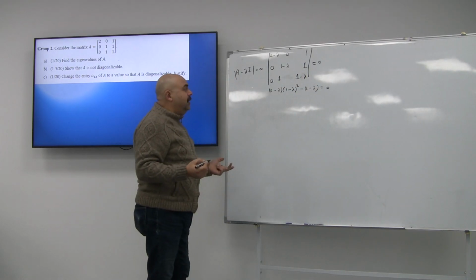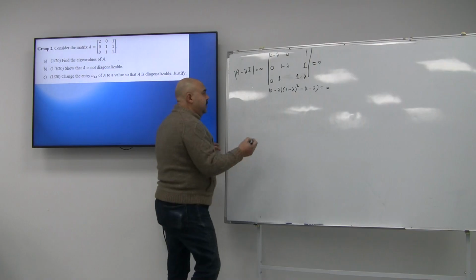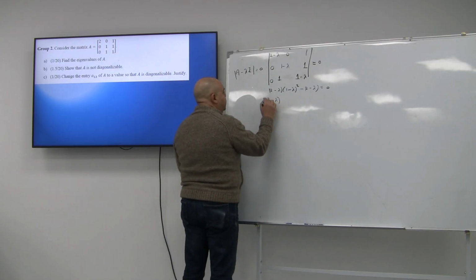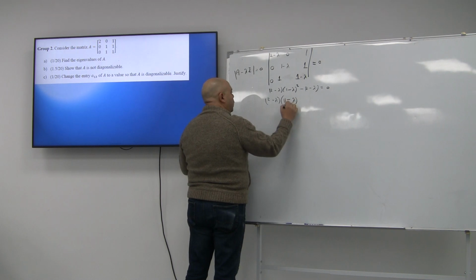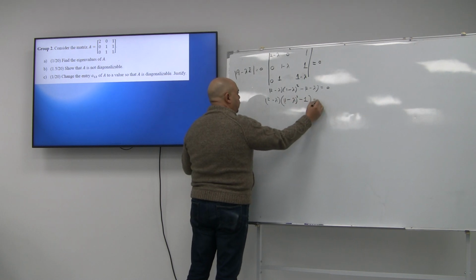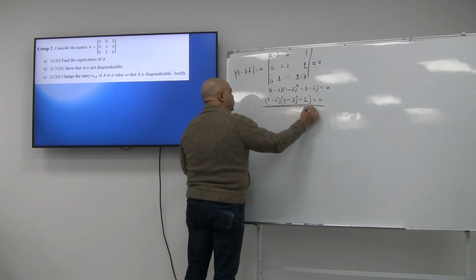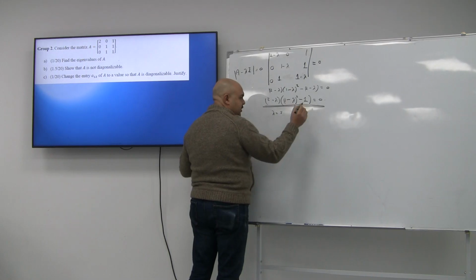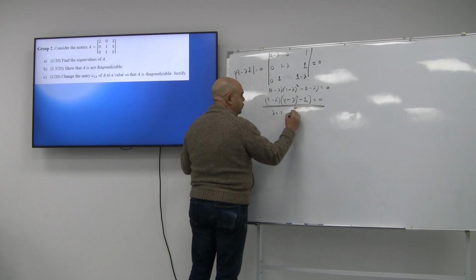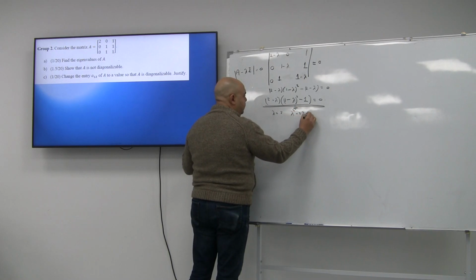Now I will need to handle this equation. Simply take 2 minus lambda as a common factor, which will leave you with 1 minus lambda squared minus 1 equal to 0. Continuing the analysis, you will find lambda equal to 2, and solve this quadratic equation, which is lambda squared minus 2 lambda plus 1 minus 1. They will cancel each other.